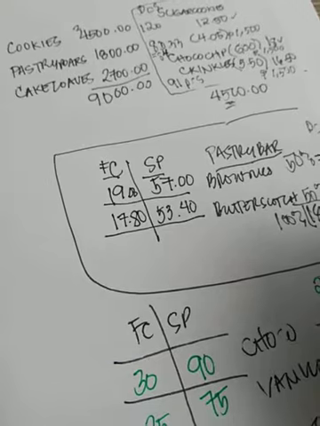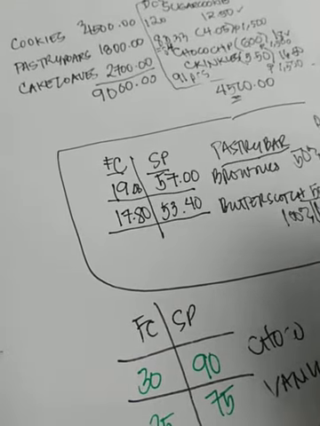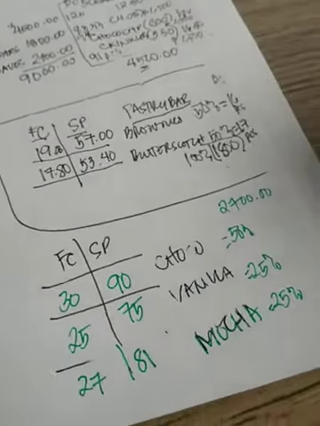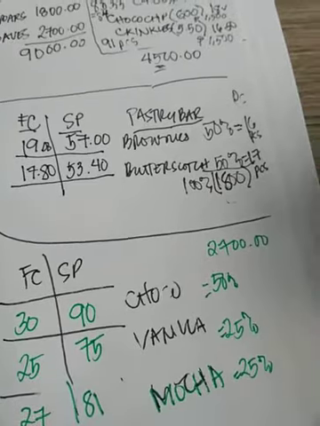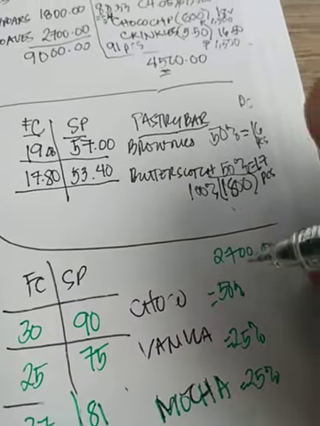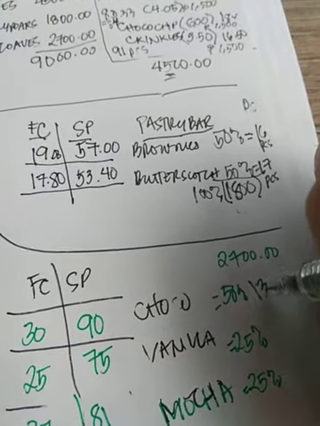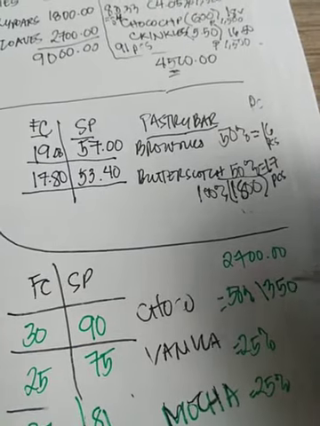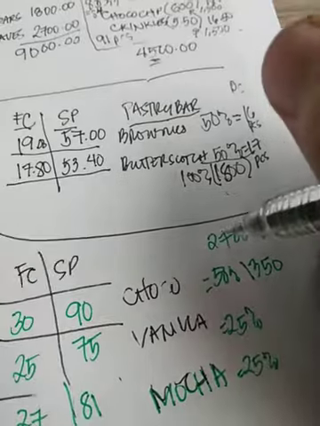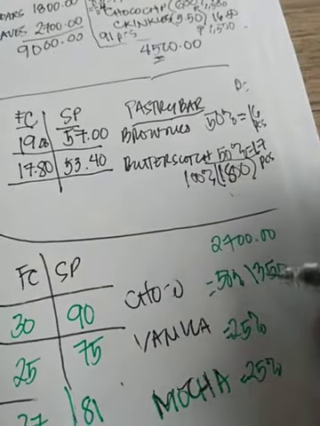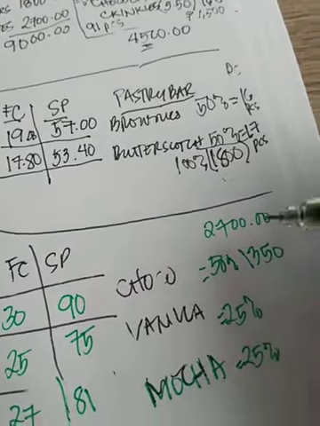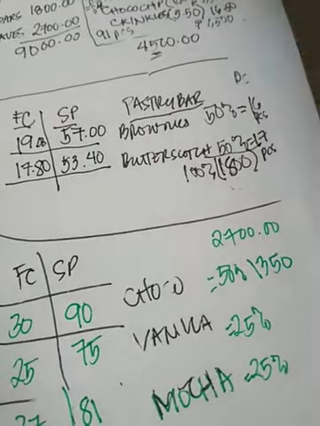And then let's say tag 25% ng production mo is mocha and vanilla. Okay? So, yung 2,700 mo, yung choco loaf dapat worth 1,350. Tama? Kalahati ng 2,700.